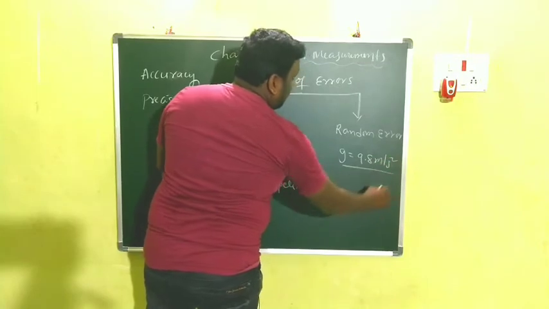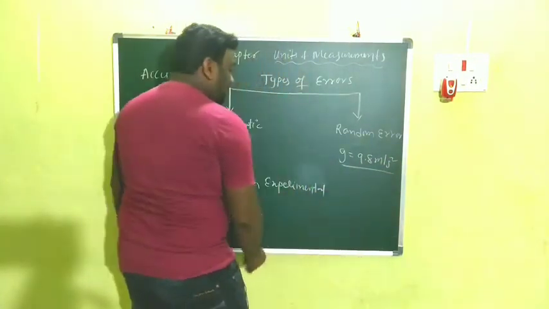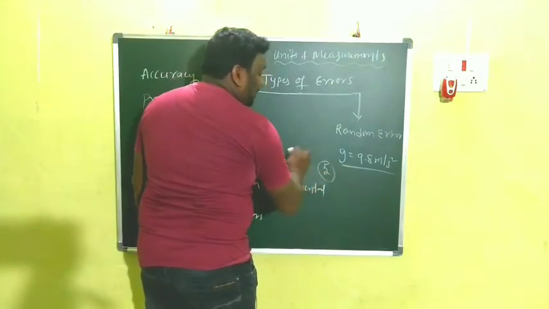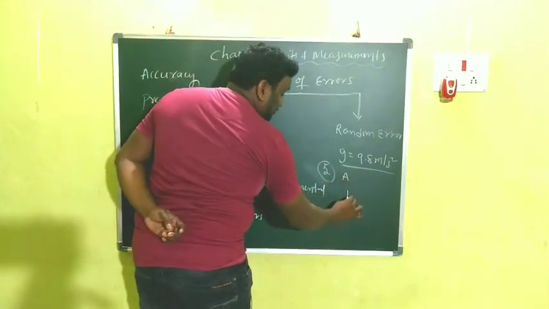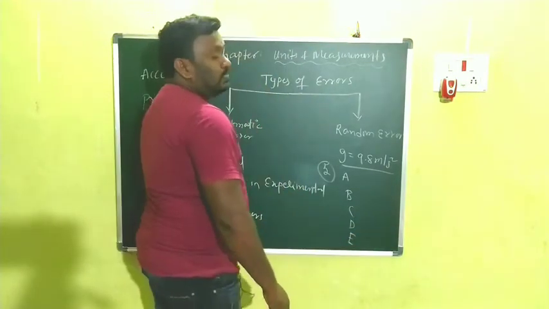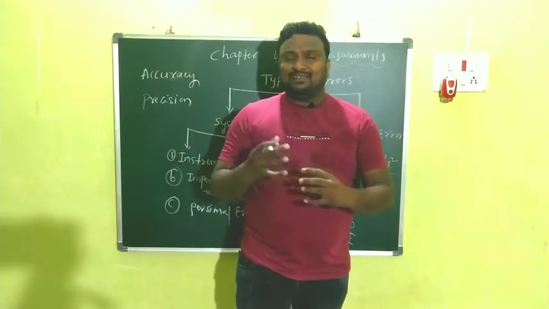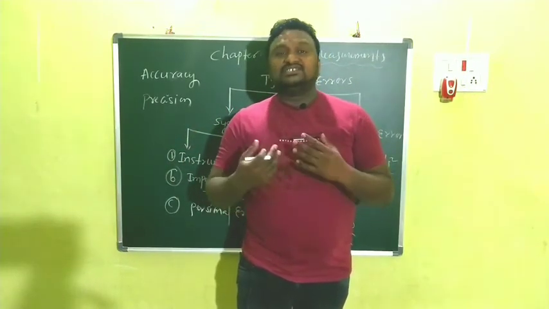Got it, children? For example, here the same experiment is given to 5 students, A, B, C, D and E. We distributed apparatus to the 5 students separately. They are calculating the g value.